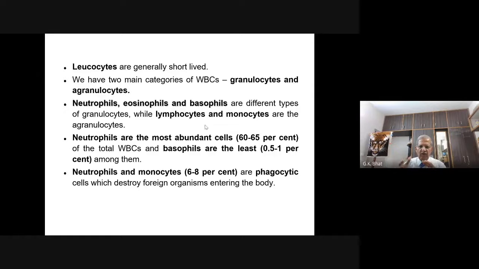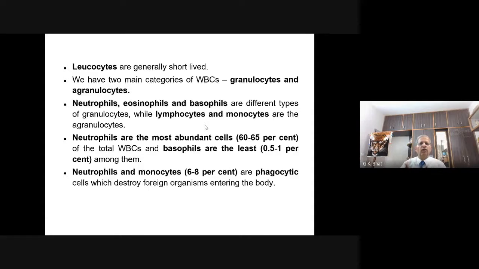Granulocytes are the white blood corpuscles with minute granules in their cytoplasm, whereas agranulocytes are the leukocytes without any granules in the cytoplasm. Remember, granules in the cytoplasm.